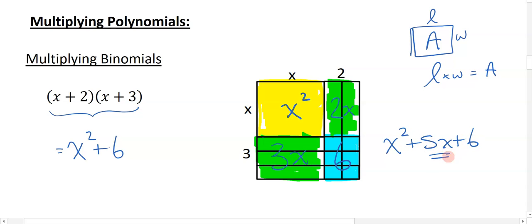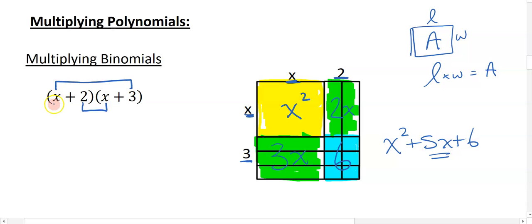So we were missing the 5x. So we have to figure out where that 5x comes from. We are missing the 2 multiplied by the x, and we're missing the 3 multiplied by the x. Or in other words, the first multiplied by the last, the second multiplied by the first.